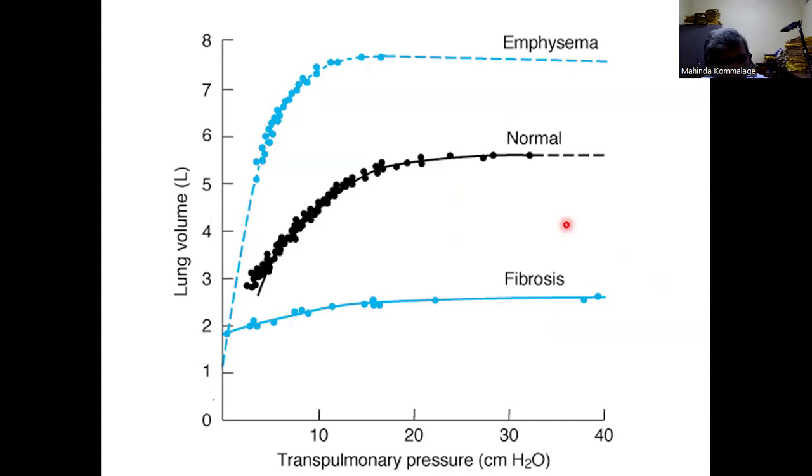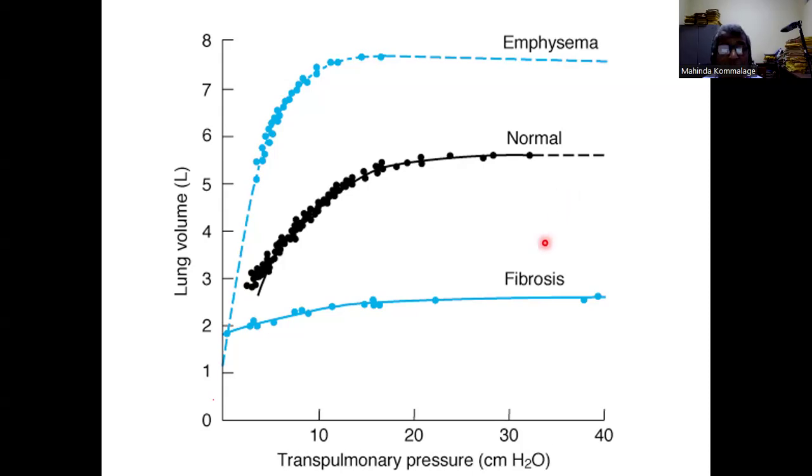So which one is difficult, inspiration or expiration? Expiration is difficult because he cannot empty the lungs. Because it is less elastic and the lungs are expanded, he cannot empty the lungs and more air will be retained in emphysema, right?